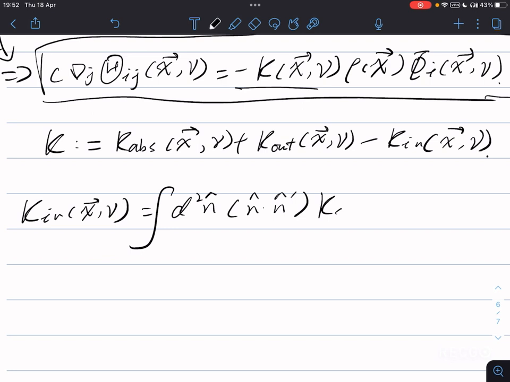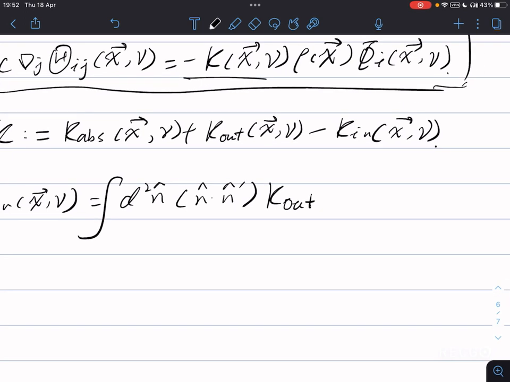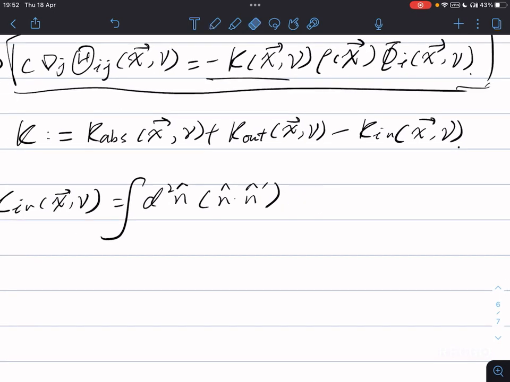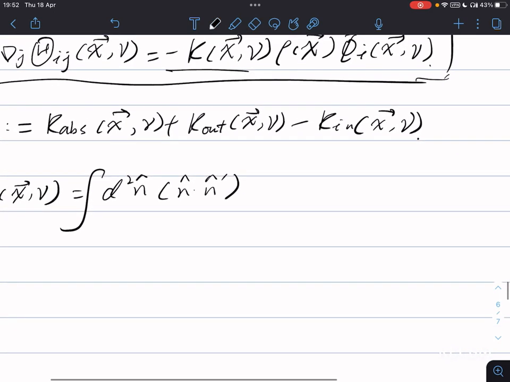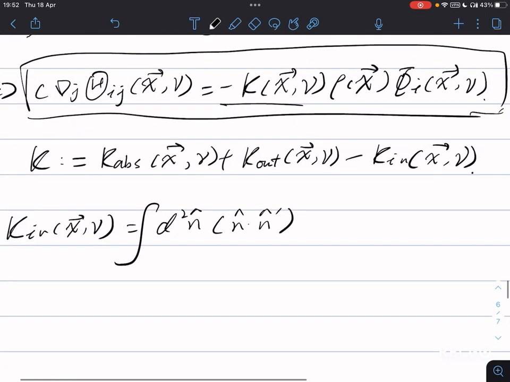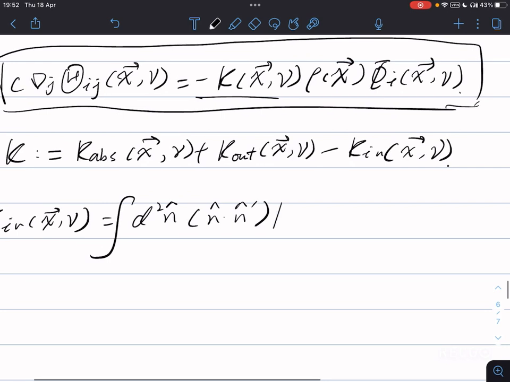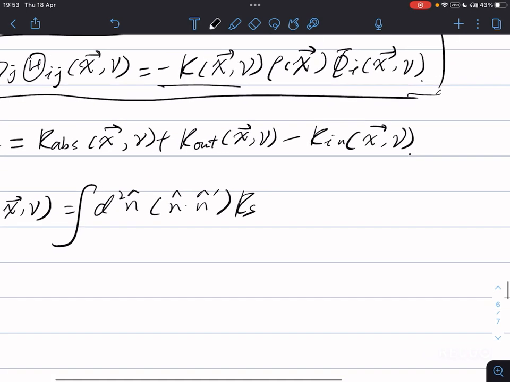Chi in can be explicitly expressed like this, by contracting chi out with the direction n_i prime. Just like this, we can obtain chi scattering from n prime to n.